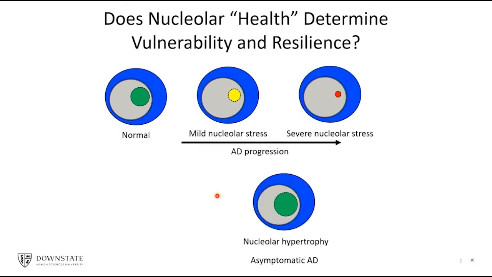So as there's an AD progression, there's nucleolar stress and there's a smaller nucleolus. And then our question is whether nucleolar hypertrophy could be responsible for the resilience that some individuals show. And that would be why there's asymptomatic AD.